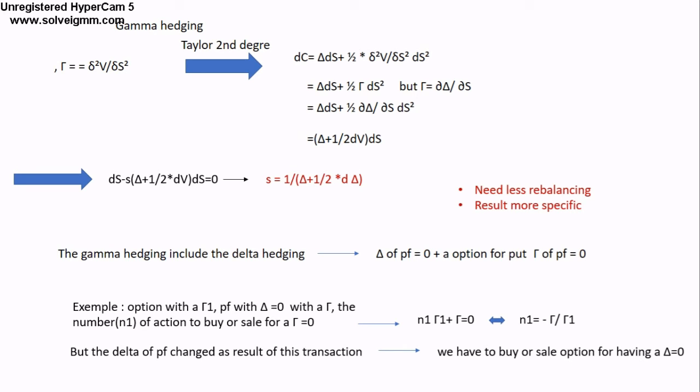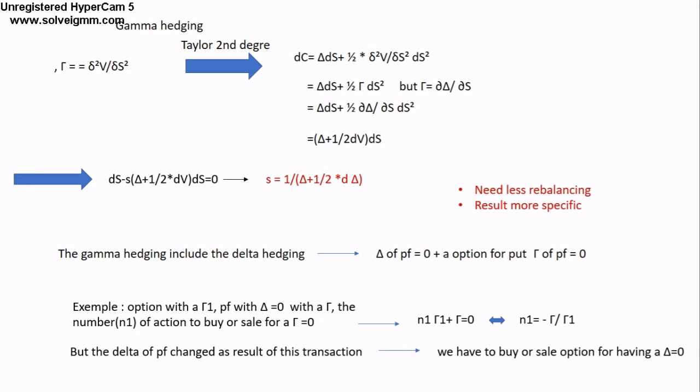But now this is a problem. Now it's very interesting, because now we know how many we have to buy and or sell. But the problem is now the delta of this portfolio, the delta of this transaction changes, because the delta of this portfolio changes as a result of this transaction. It moves. So we have to buy or sell an option to have a delta equal to 0.